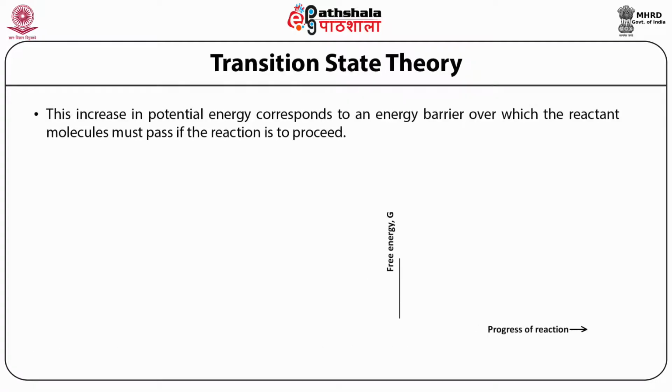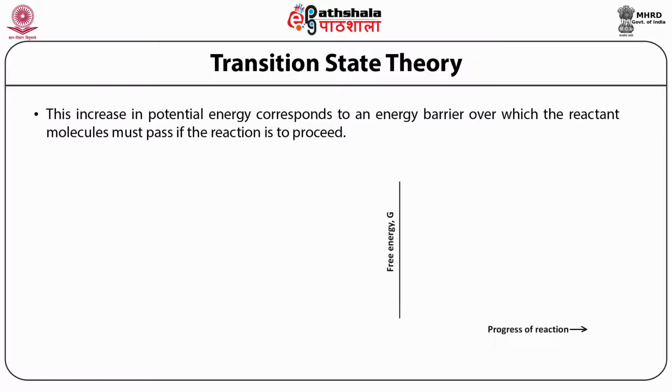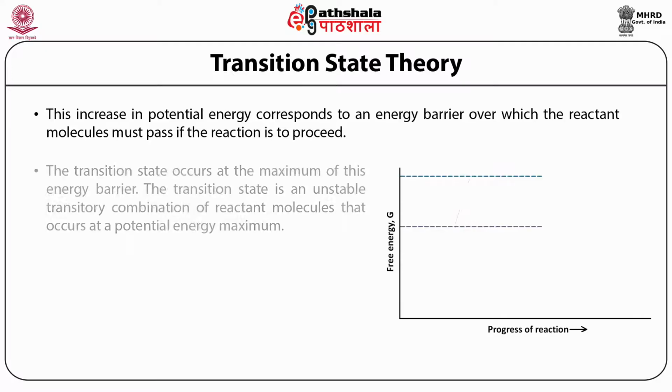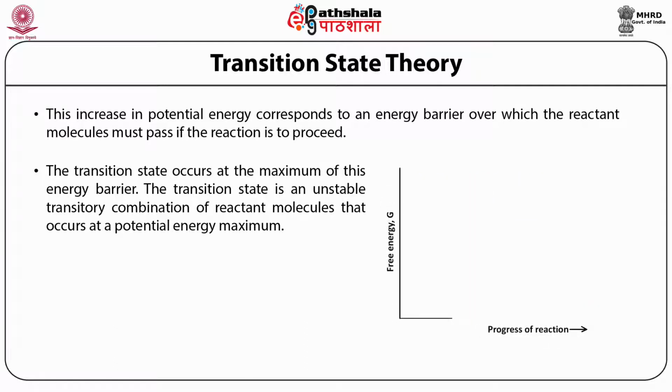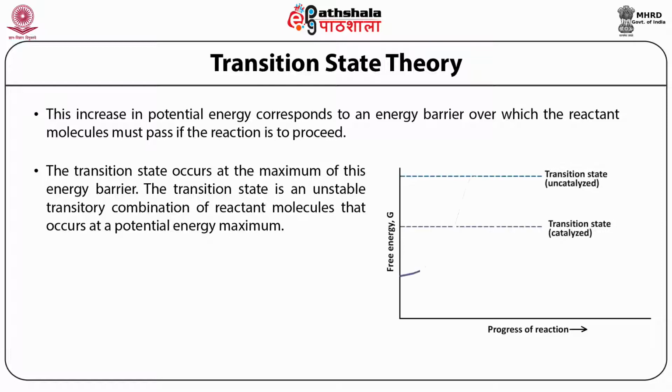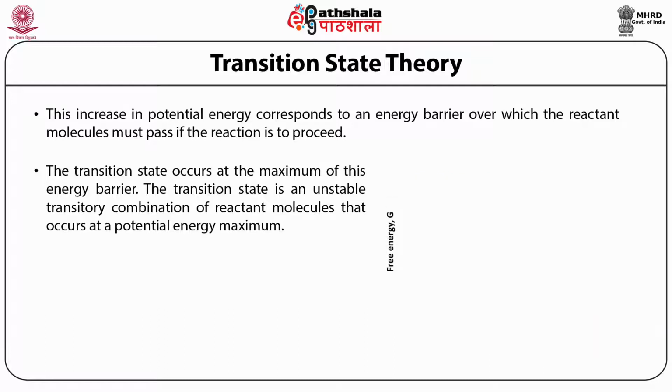This increase in potential energy corresponds to an energy barrier over which the reactant molecule must pass if the reaction is to proceed. The transition state occurs at the maximum of the energy barrier, and the transition state is an unstable combination of reactant molecules that occurs at the potential energy maximum.